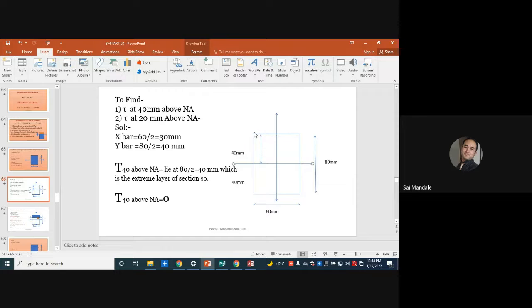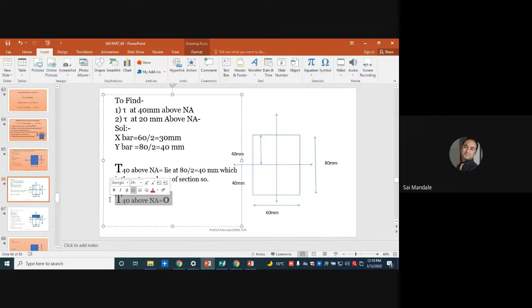So they told us to identify the tau at the extreme layer. That lies at 40 mm, which is the extreme layer. As in the case of bending stress, the bending compressive and tensile stresses are at the extreme and are maximum. Similarly, the shear stresses at the extreme ends are zero.